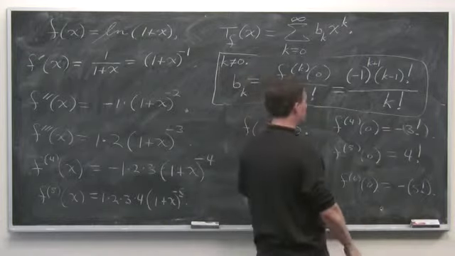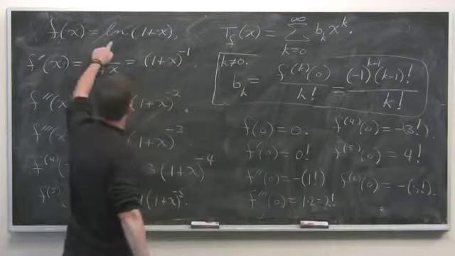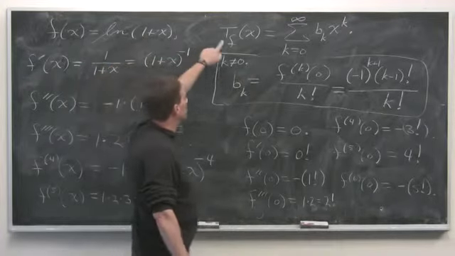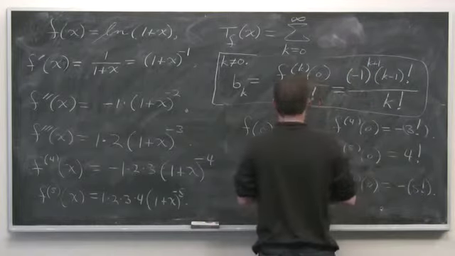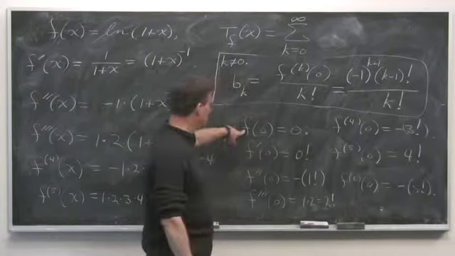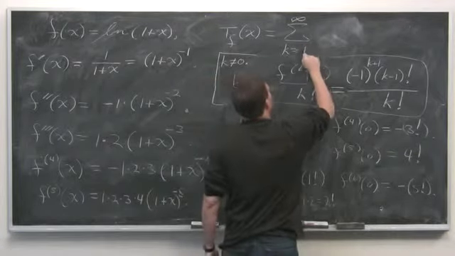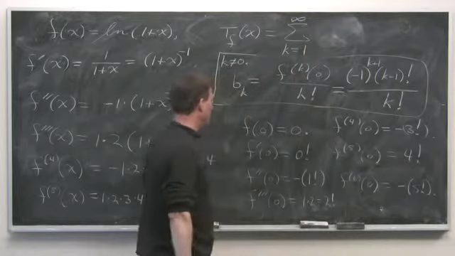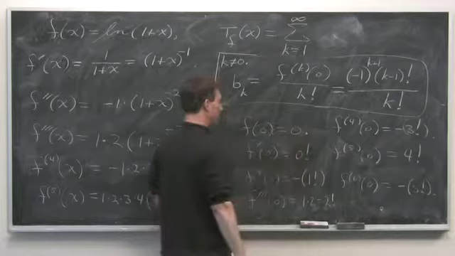So what does that tell us? It tells us that if f of x is ln of 1 plus x, then the Maclaurin series for that looks like, to avoid this problem when we're on the 0th term, we'll just start at k equals 1. And that'll just immediately leave off the x to the 0 term, and we won't have to worry about the fact that this didn't fit into our pattern.